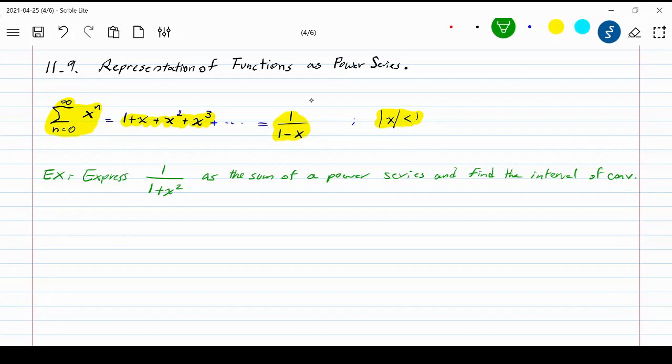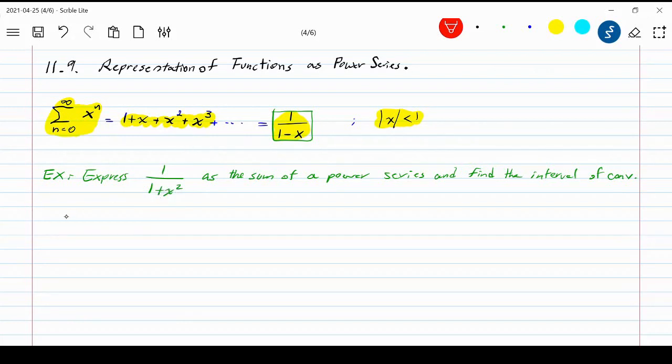So the function 1 over 1 minus x over the interval -1 to 1 could basically be written as the sum of these x to the power n powers. It could be represented as this power series. We can use this to express other functions as the sum of a power series. For example, let's look at 1 over 1 plus x squared.